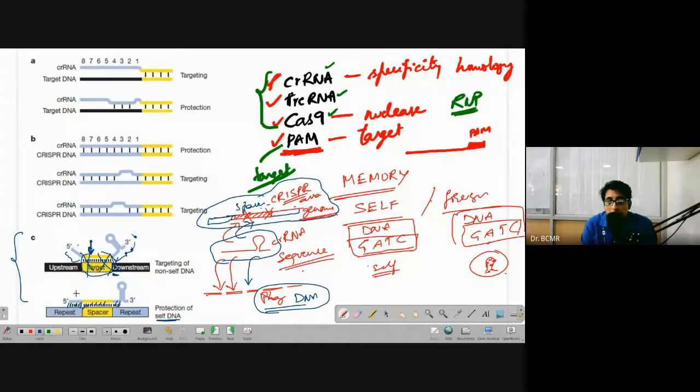In that case, the nuclease activity of Cas proteins will not be activated, because of which the self DNA is protected. Whereas that's not the case with the target phage DNA, the foreign DNA, because these regions would not have been base paired, and that is the trigger for the nucleases to cleave the target.